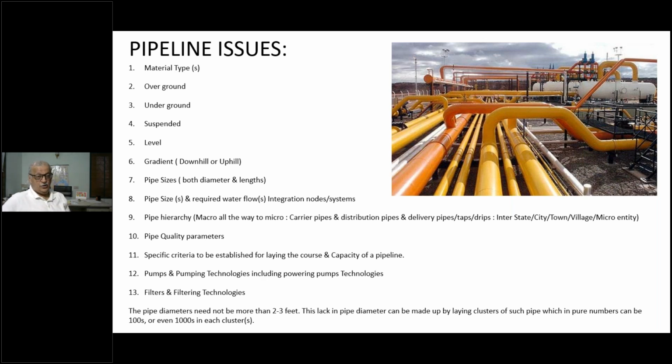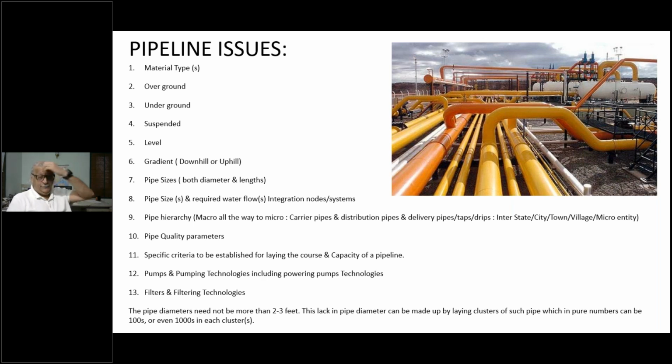Then they should be overground, underground, suspended, level, the gradients, the pipe sizes, the pipe size required, water flows and integration nodes and systems, the pipe hierarchy, large pipes or to all the small pipes, and the water flow controls and paradigms will have to be calculated, and accordingly the pipeline will work right to the last drops of water that it drips on a rice plant or a wheat plant.